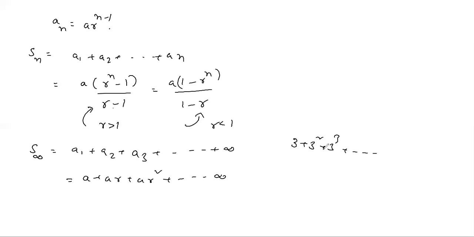If you raise the power of a common ratio more than 1, what do you get? You will get infinity, because 3 power a big number gives infinity, so this value is infinity. Similarly, if you take minus 3, minus 2, minus 2 square, minus 2 cube and so on, minus 2 power n and so on, this sequence sums to minus infinity.